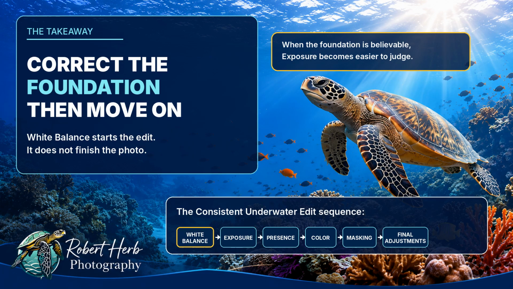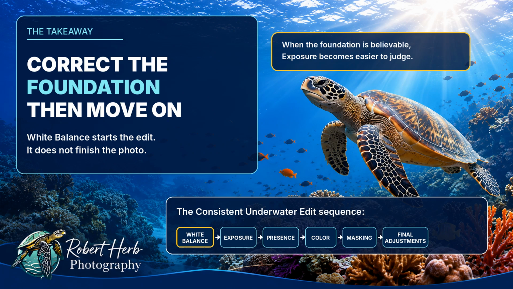Here is the takeaway. White balance is where the edit begins, but it is not where the edit ends. Your job in step 1 is to correct the strongest color cast and create a believable foundation. Once that foundation is in place, you move forward. That is what makes the system work. White balance prepares the image for exposure.